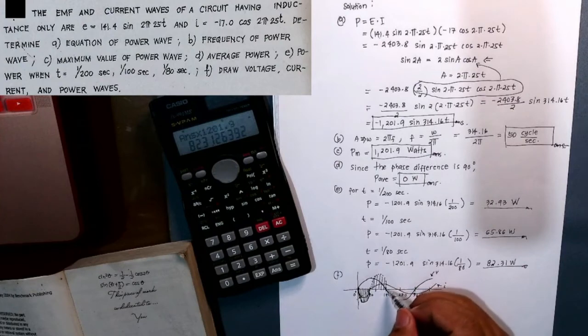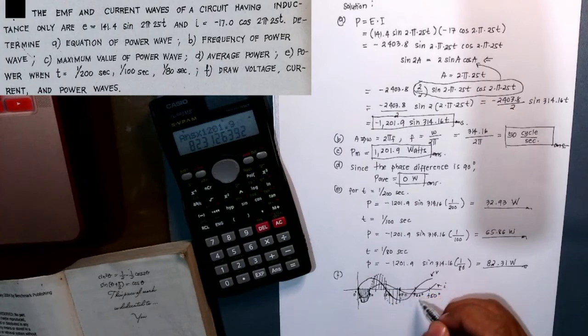And then when it hits 180, it will have a negative value because the voltage is negative and the current is positive. So from 180 to 270, it will be a negative value.